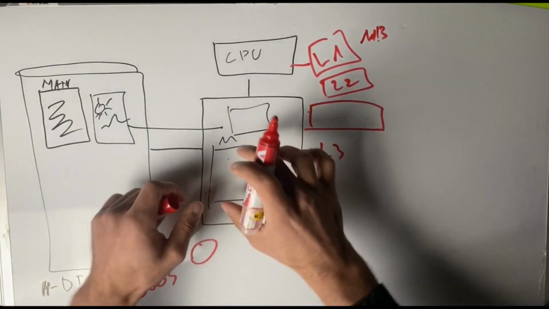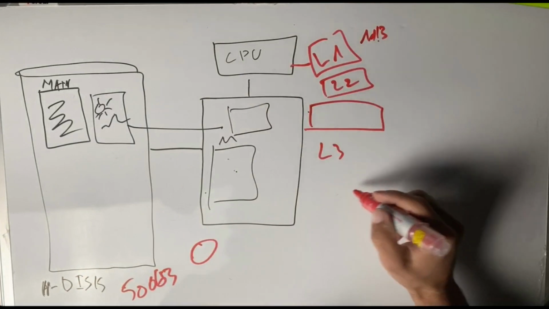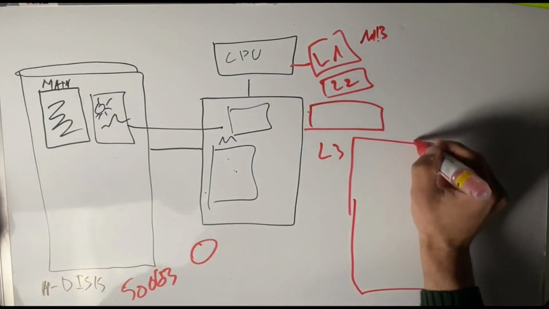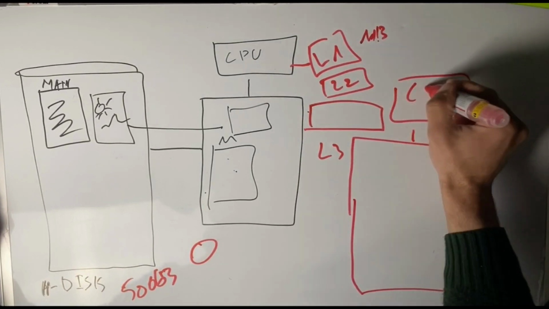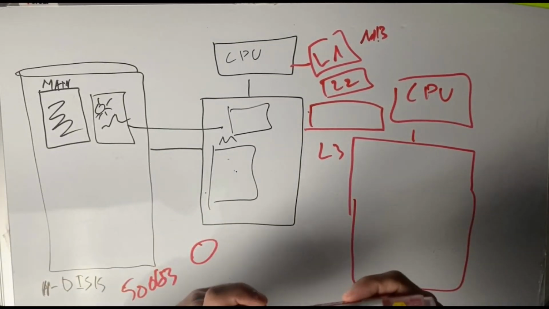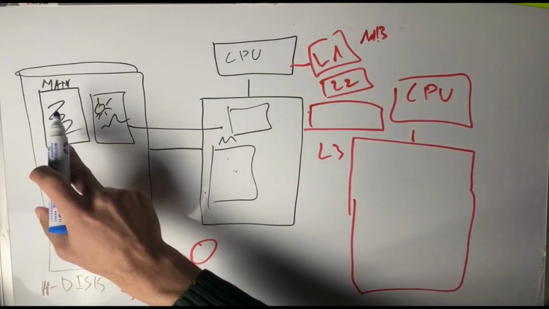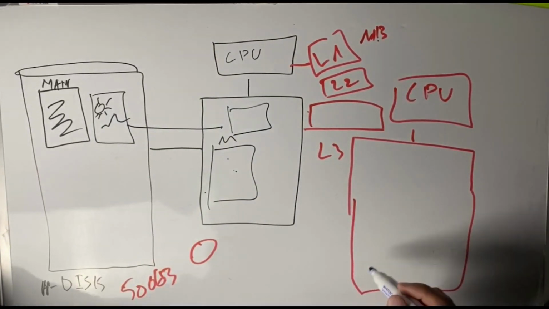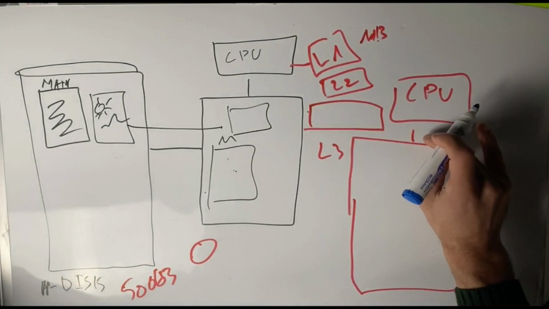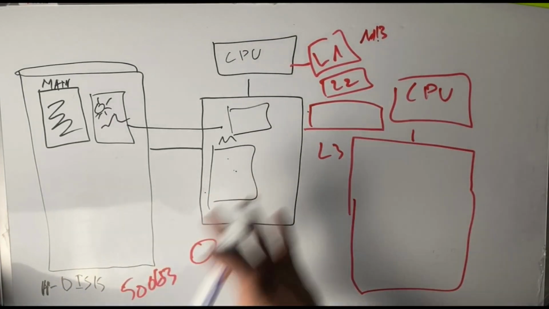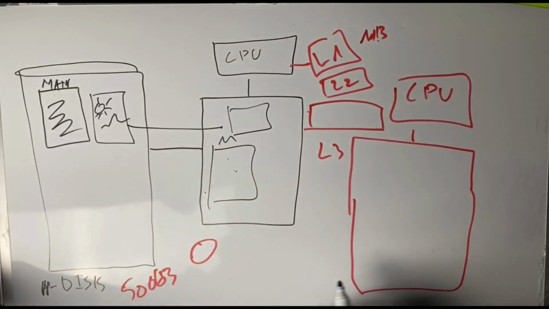Now let's talk about our program. We have the RAM right here, and this is the CPU again. Our file or any program, when it gets copied to the CPU, will allocate a page or something like that, depending on other details.